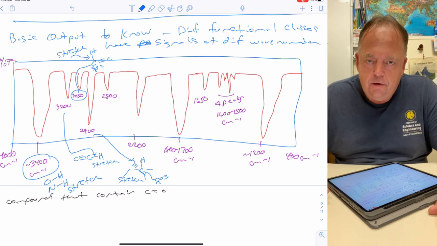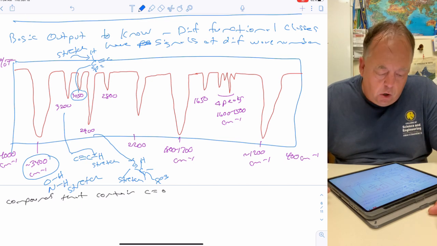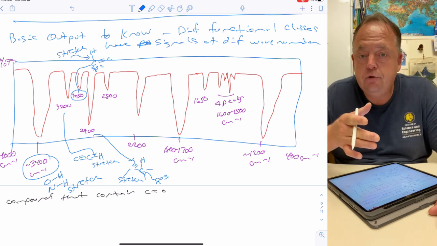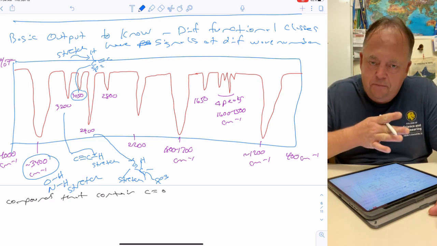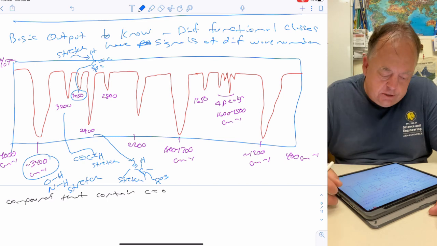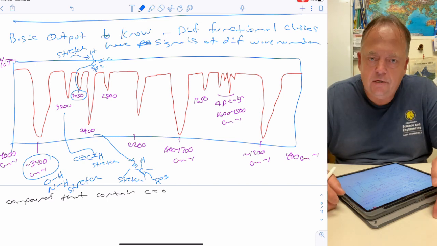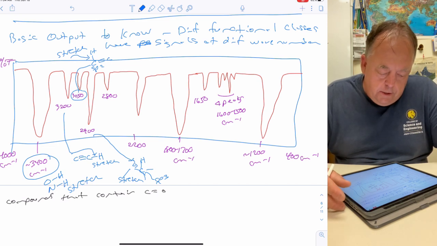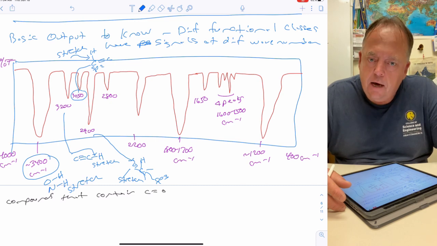So most organic molecules have CH bonds, so you're always going to see peaks in this region from about 2900 to 3200. But where that peak is tells you whether the hydrogen's on an sp3 hybridized carbon, an sp2 hybridized carbon, which would mean you must have an alkene, or an sp hybridized carbon, which would mean you have maybe an alkyne in the molecule.